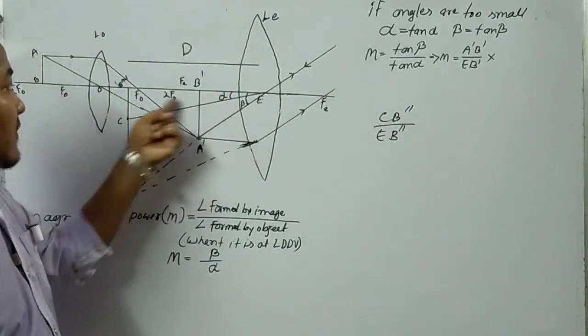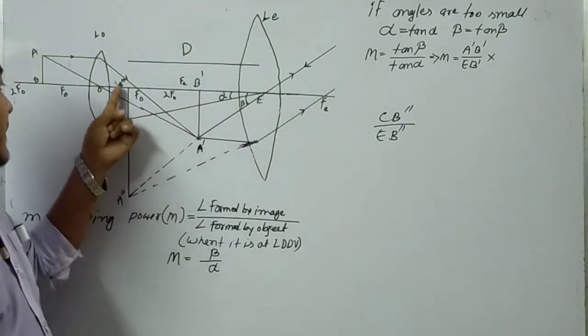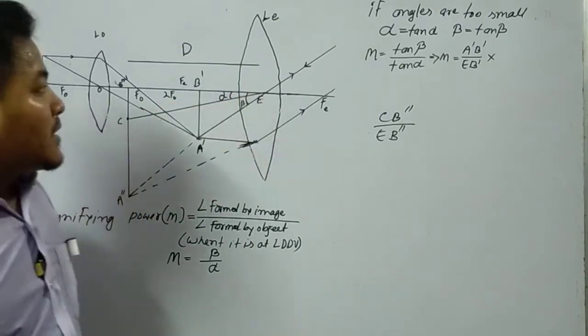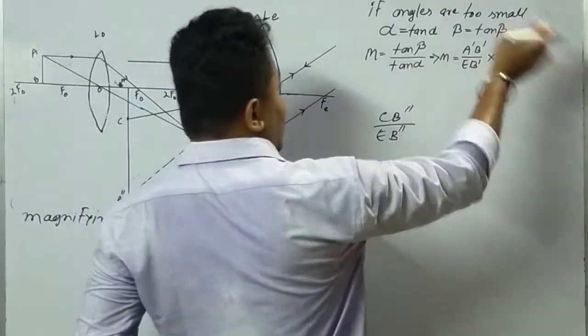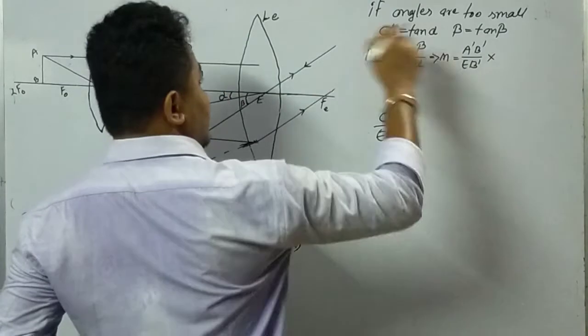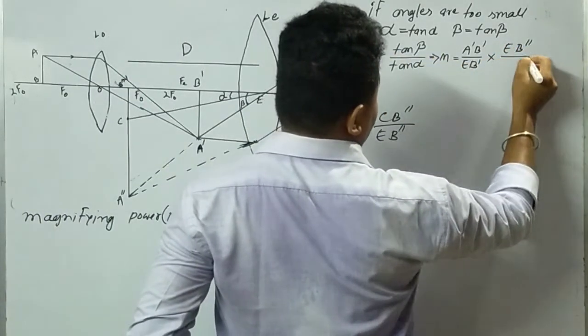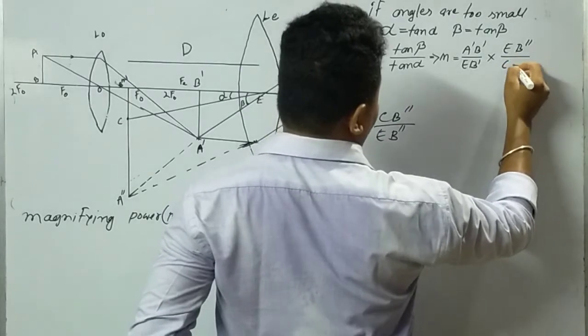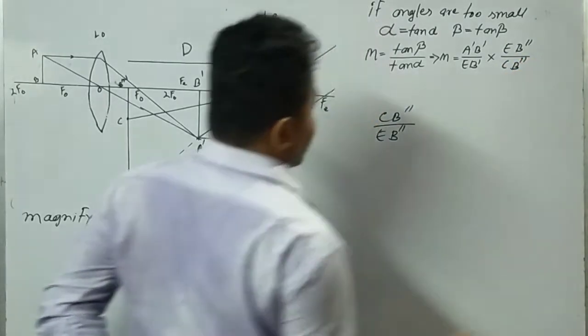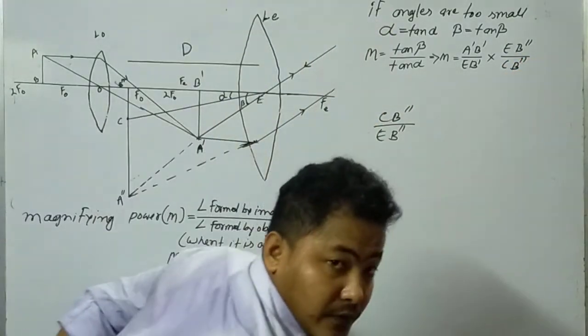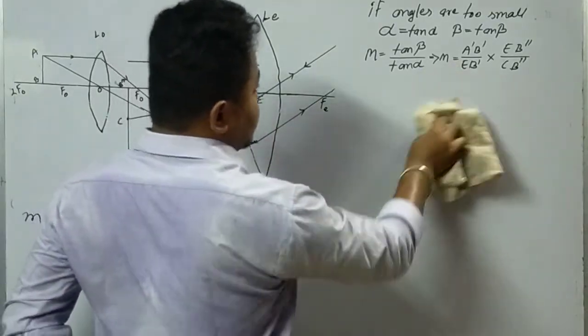This is your tan alpha, correct? Since this tan alpha will be reversed when I multiply, above you will find E B double dash and below you will find C B double dash. Now I think you have cleared this ratio.